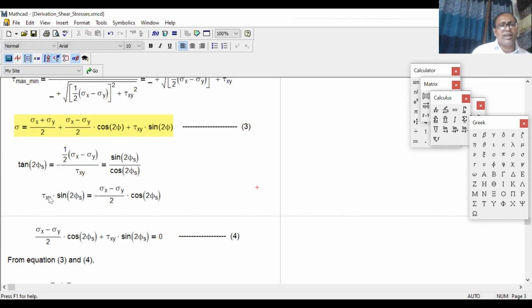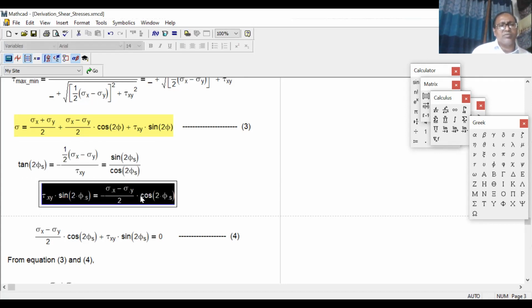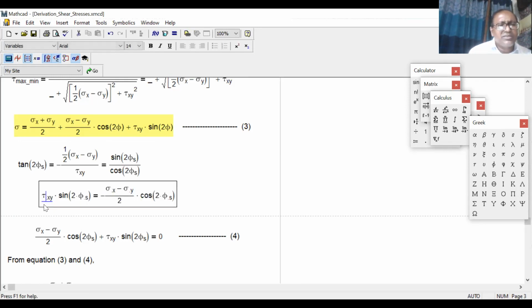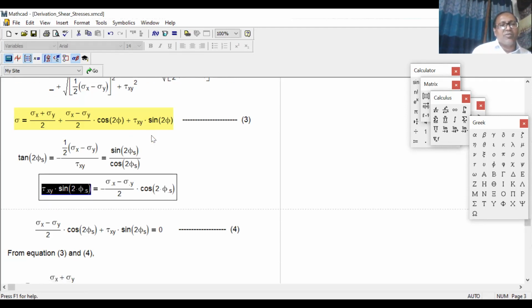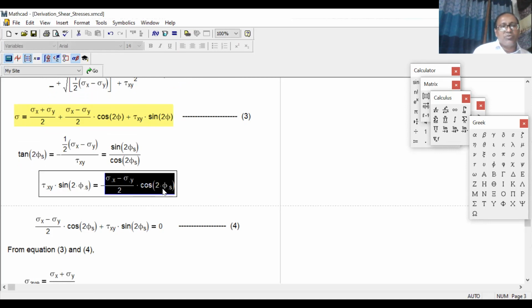So what we're getting from here, tau xy into sin 2 phi s equal to this one into this one, into cos. So we get this. Now, this tau xy value, you put over here. You see there is a minus sign. So you put this value over here, then I rearrange it. This one I bring to the left side. So I get this one plus this one equal to 0.